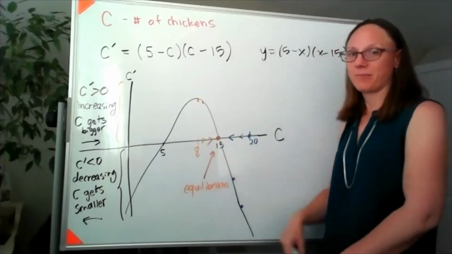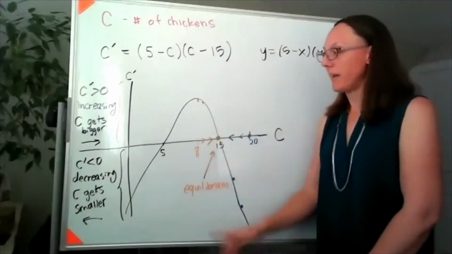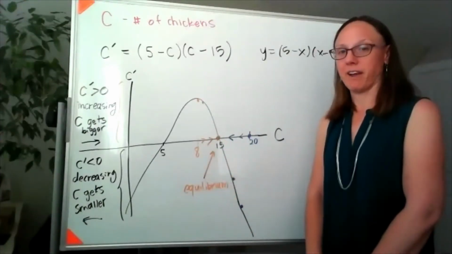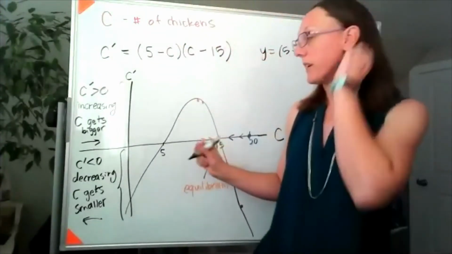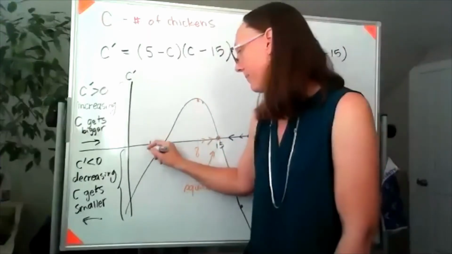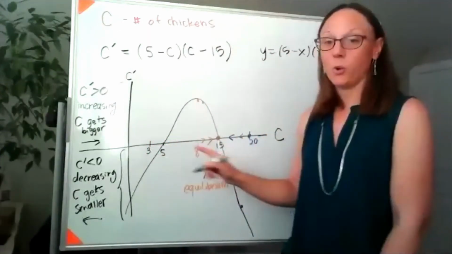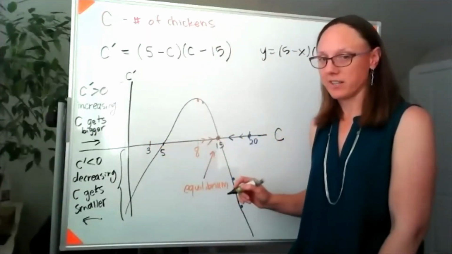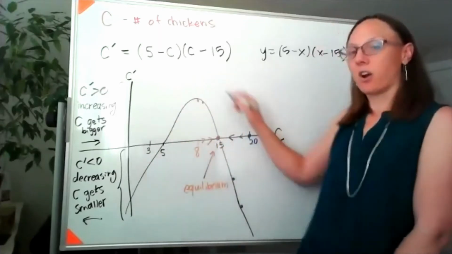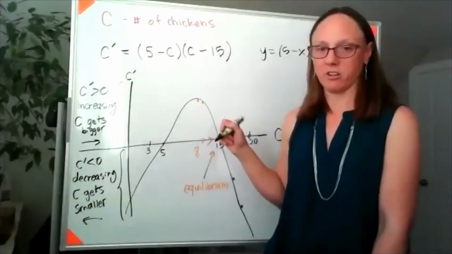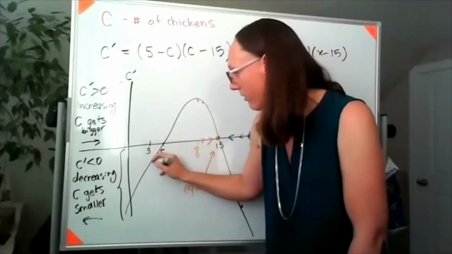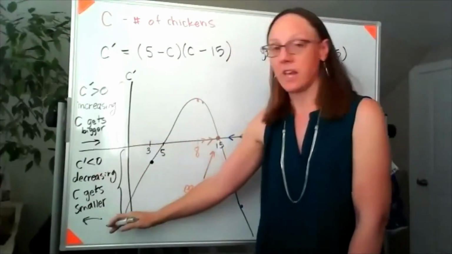Plot twist. Suppose that we actually started off with fewer than 5 chickens, like 3 chickens. Well, if I started off with only 3 chickens, then this curve tells me how my chicken population is going to change. So I'd come to the curve and I'd say, wait, I'm below the axis.